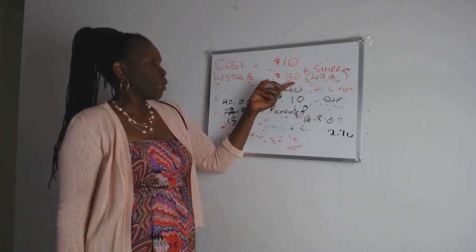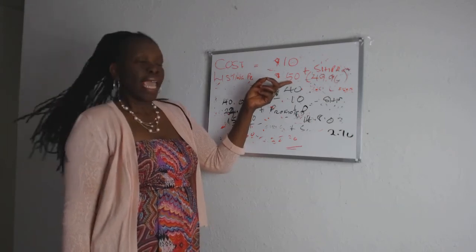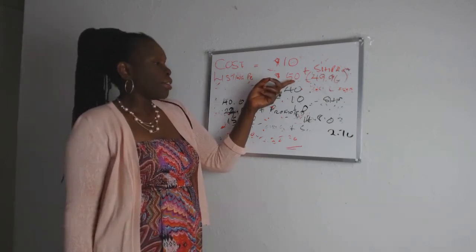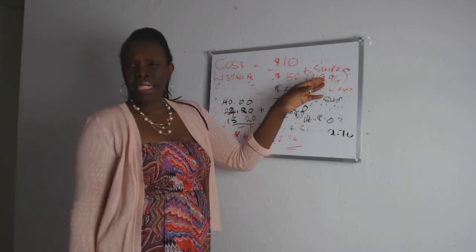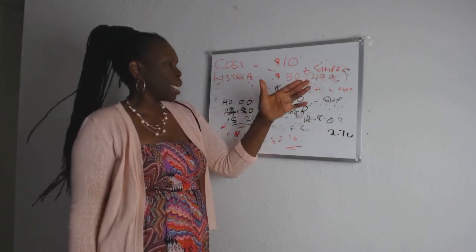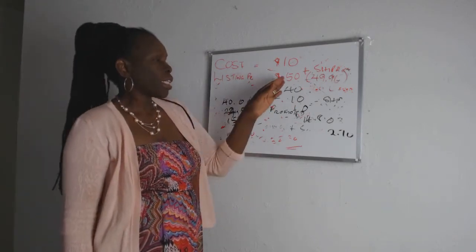Say for this example, someone on Poshmark submits an offer for $40 and I accept it. They are going to pay $40 plus, I think it's $7 and some change for the shipping label. That shipping label does not even come to me.